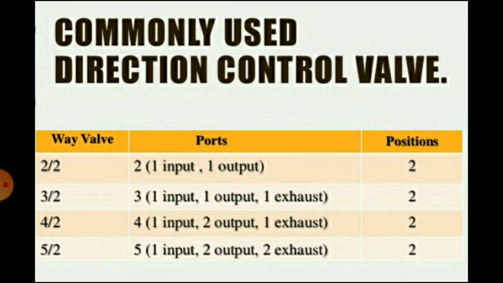In a 5 by 2 DC valve, the number of ports is 5, in which one is an input port, two are output ports and two are exhaust ports. The positions are 2. These ports are in a single square or in a single block.